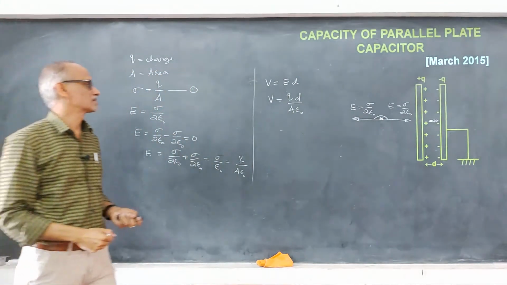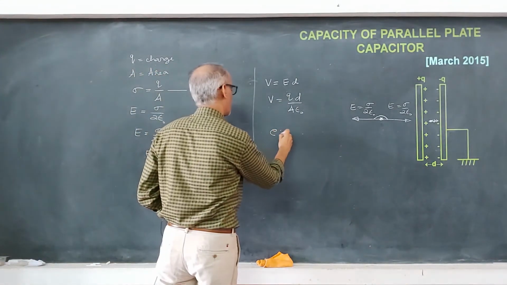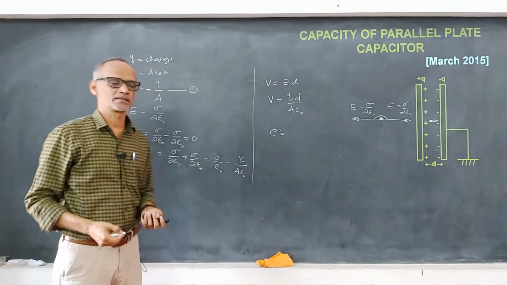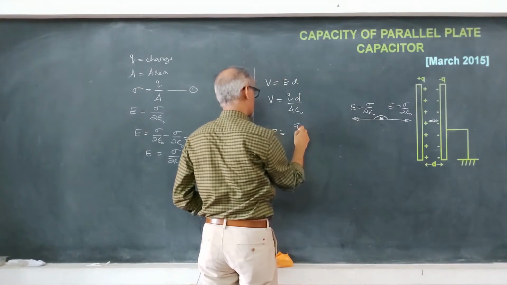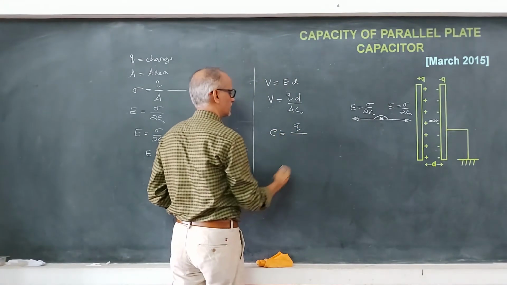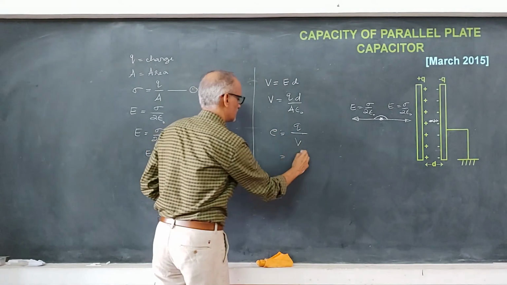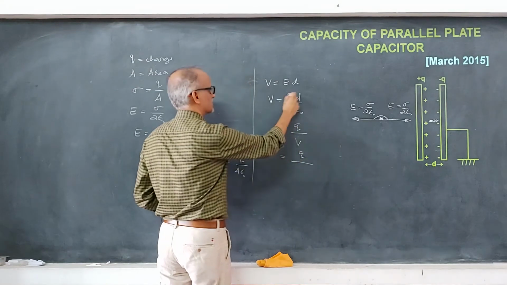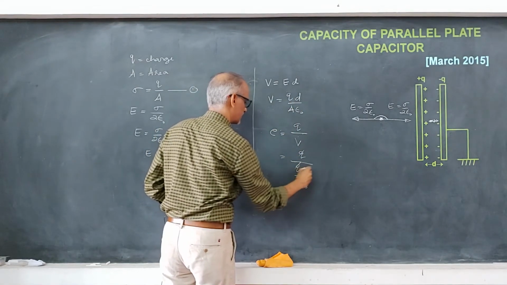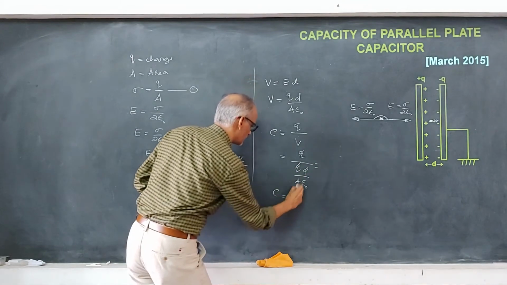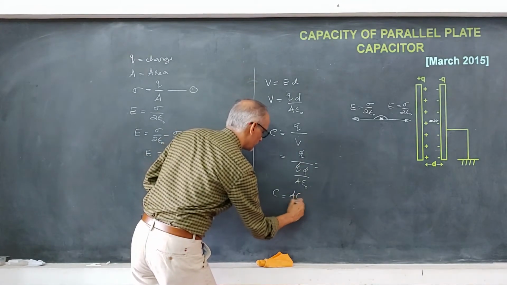So the final step is we want to find the capacitance. Capacitance is given by the ratio of the charge on either plate, which is Q, to the potential difference, which is Q d by A epsilon naught. Q and Q will get cancelled, and what you get here is A epsilon naught by d.